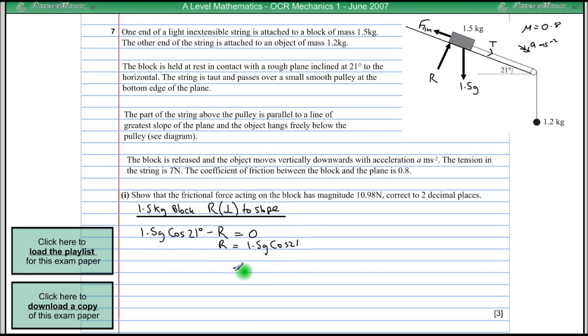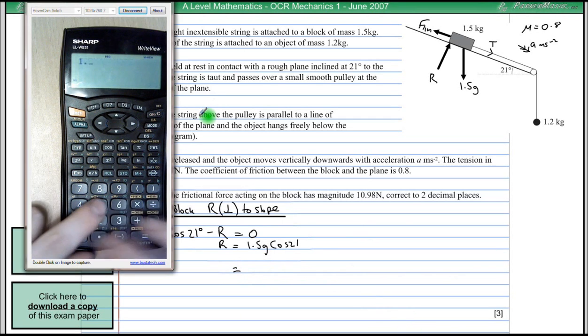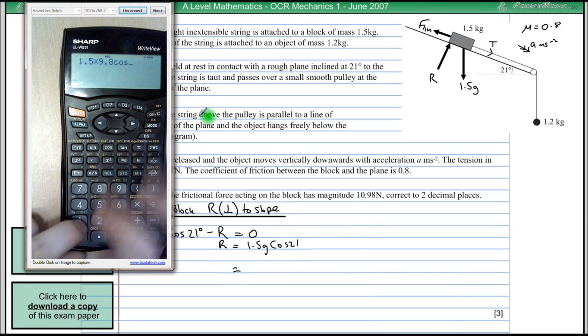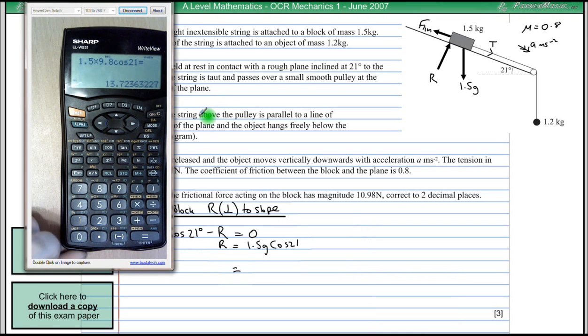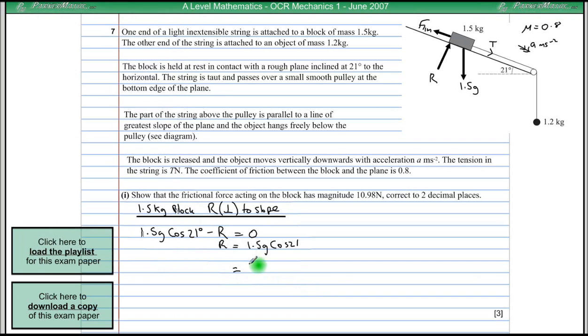So let's put that into our calculator. So we've got 1.5 times 9.8 cos 21. That gives us a normal contact force of 13.7. Be sure not to round at this point, at least not too much anyway, because this isn't our final answer to this part.